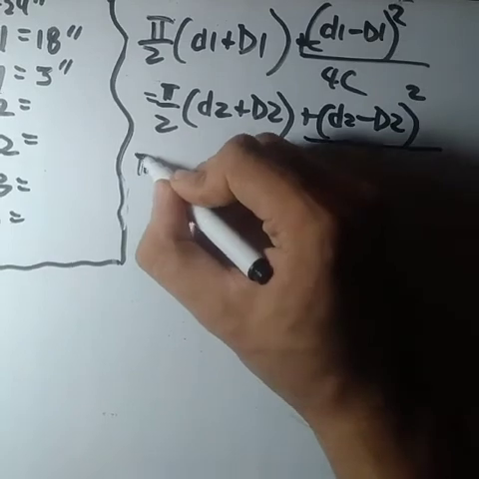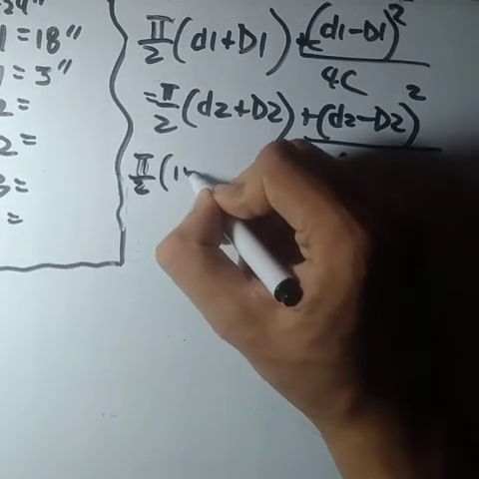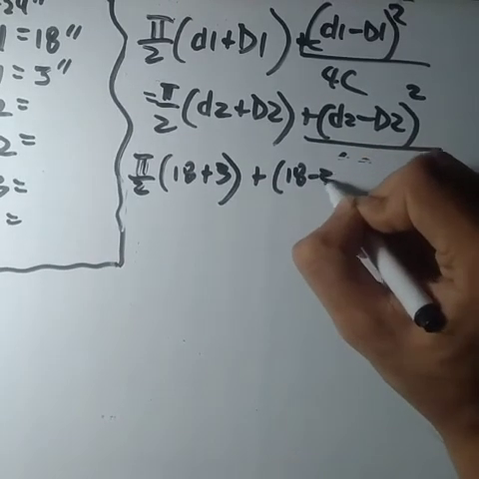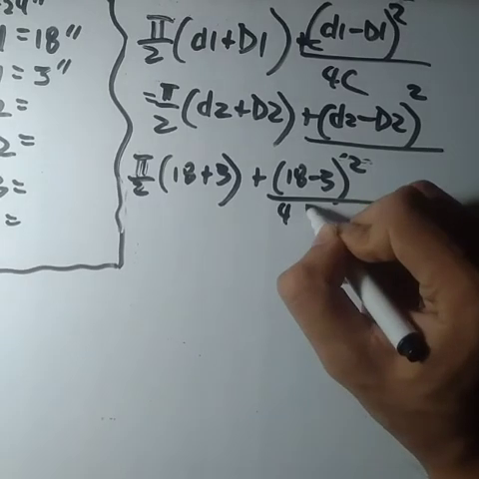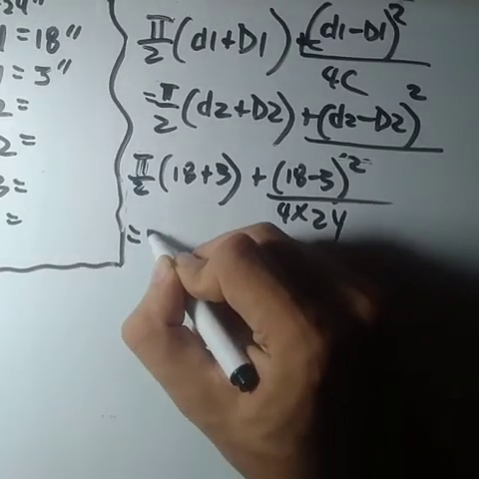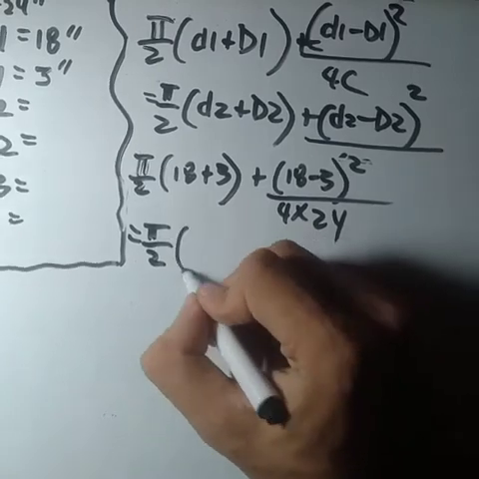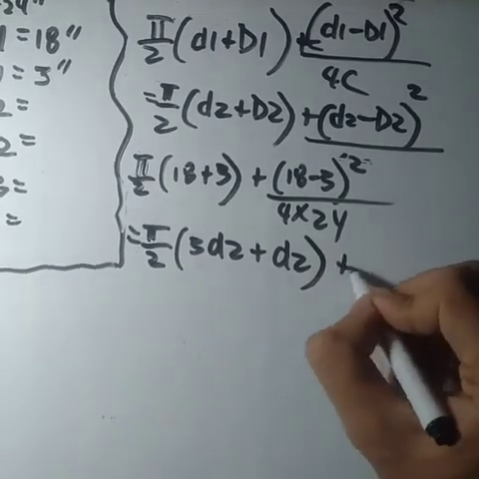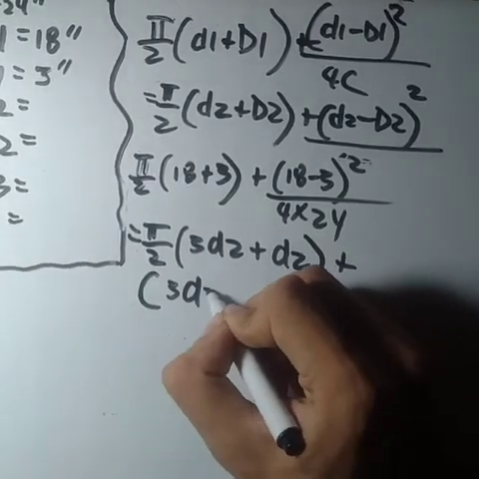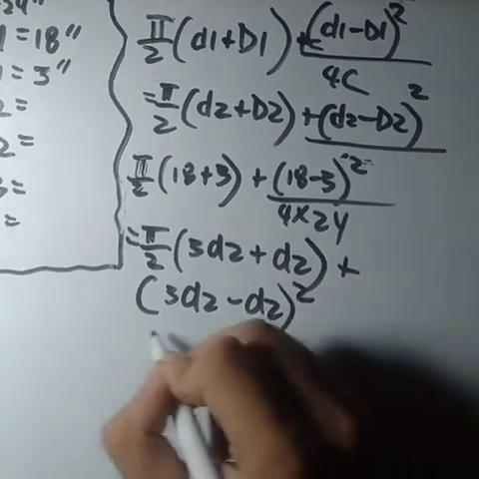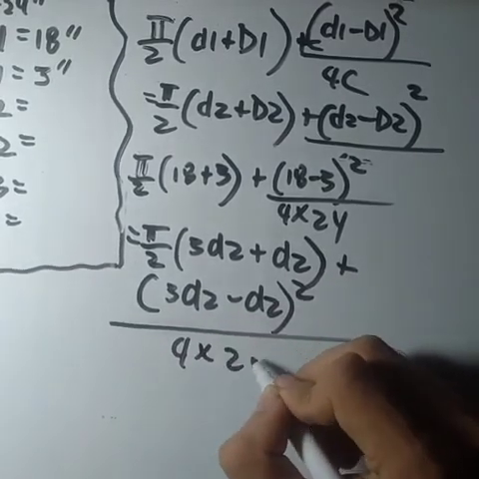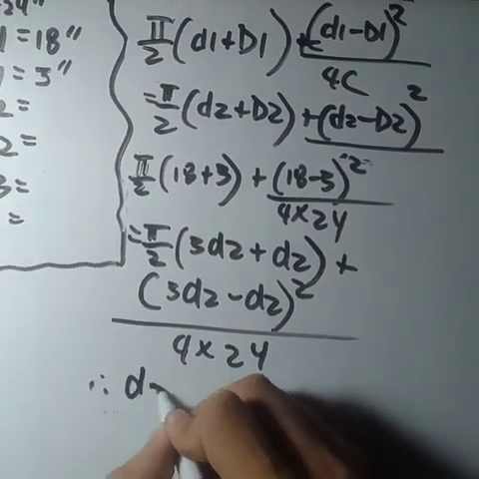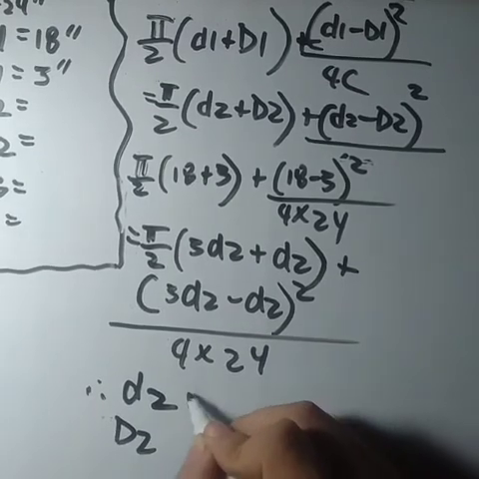We can get pi over 2 times 18 plus 3 plus 18 minus 3 squared over 4 times 24 is equivalent to pi over 2 times 3D2 plus D2 plus 3D2 minus D2 squared over 4C. So, by shift solve, we can get the value of the driven 2 as well as the driver 2.